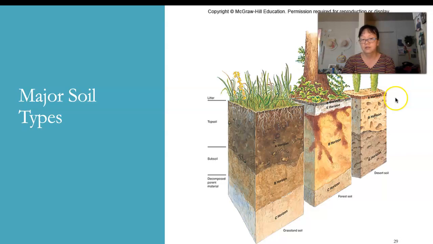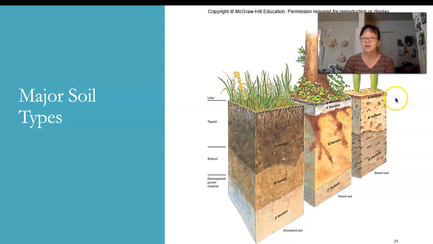If you look at the desert soil, the A horizon is very thin and poor. In the grassland soil, the A horizon is rich, which means this soil is very fertile. In the forest soil, the A layer is very thin also.